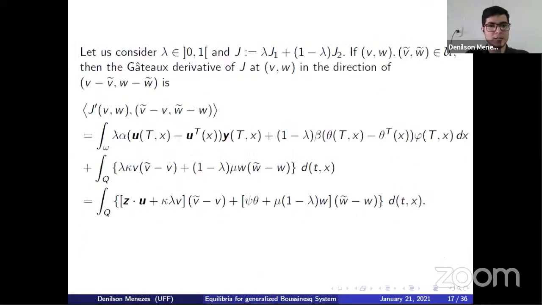Now we can differentiate our functional. We define J as a convex combination of J1 and J2, and take the derivative of J. We find this expression, and integrating by parts, we find this other expression in which the state of our adjoint system appears.